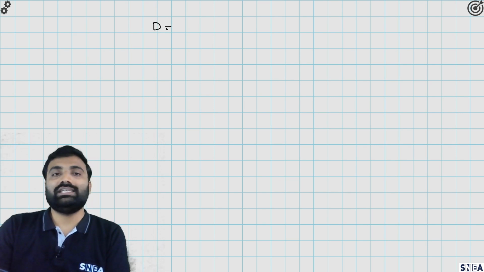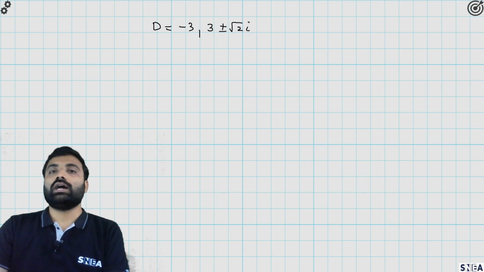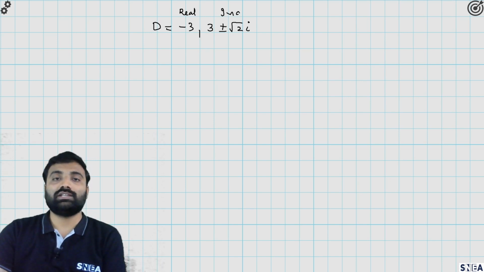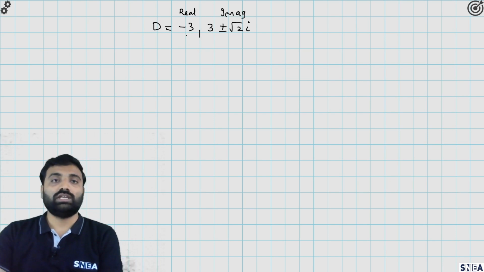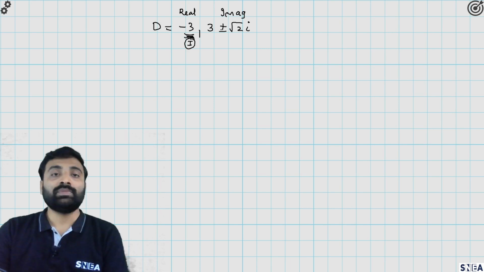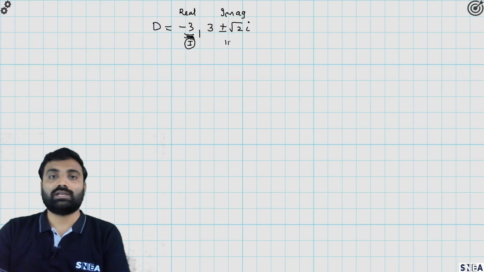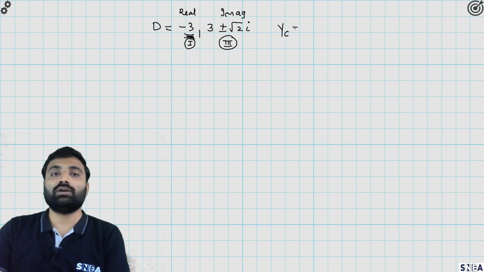So if your answer of D is minus 3 plus minus root 2i, as you can see here, first one is your real और दूसरा है imaginary, means this is a combination. ये real और distinct है, means this is case number 1. This is imaginary and distinct, means this is case number 3. तीनों case को mix करो, आपको क्या मिल जाएगा, yc.